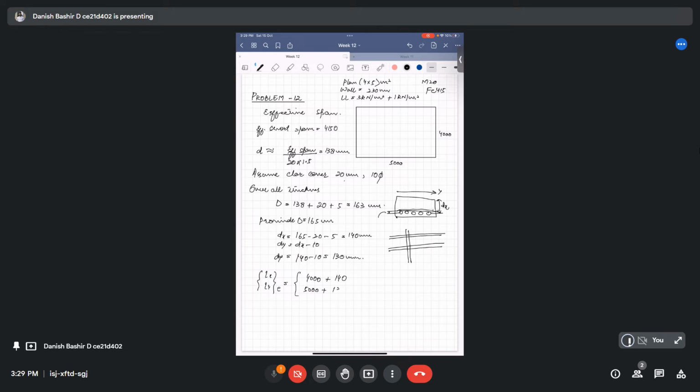So you get effective spans along both orthogonal directions as 4140 and 5130 mm. So you get the ratio r, Ly by Lx effective, which comes out to be 1.239. Go through the calculations carefully.